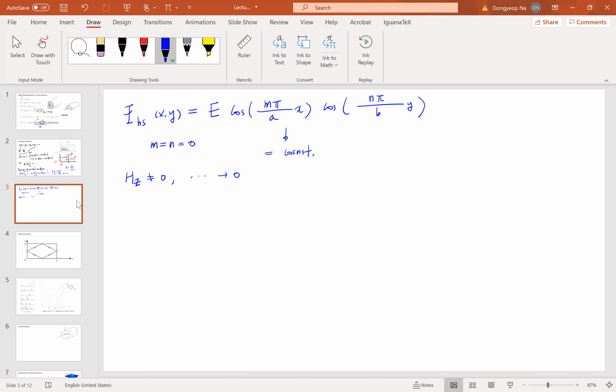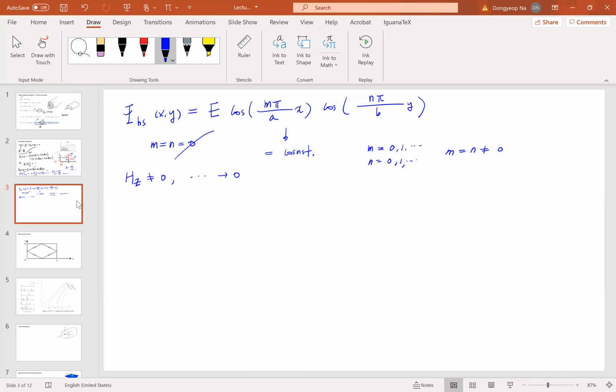It turns out this mode is just the electrostatic solution, so that is not a solution of our interest. So we exclude the case when m and n are both equal to 0. The only solutions of our interest are those where m and n start from 0, except for this case.